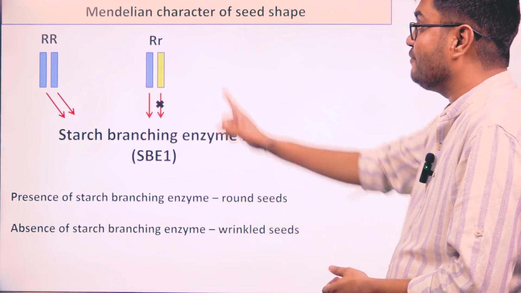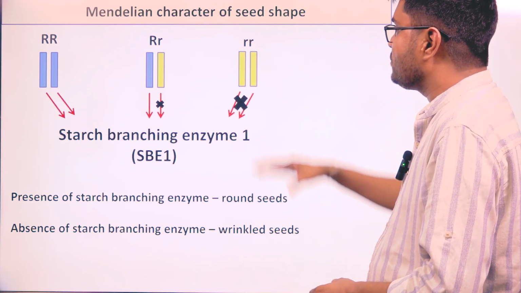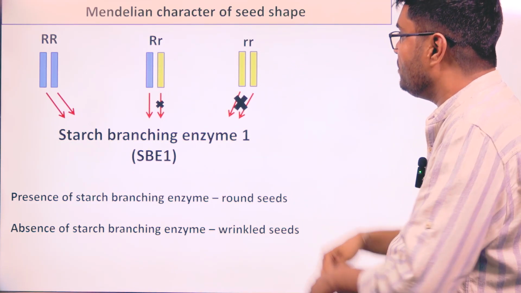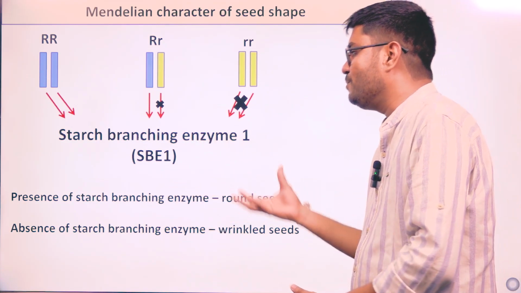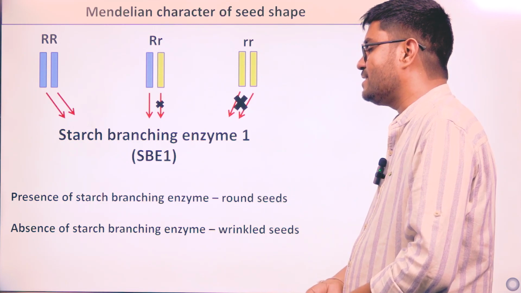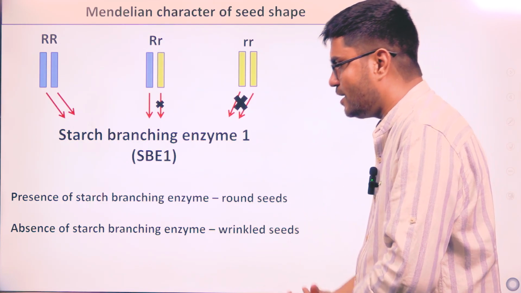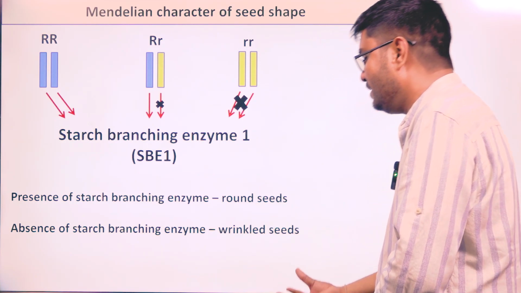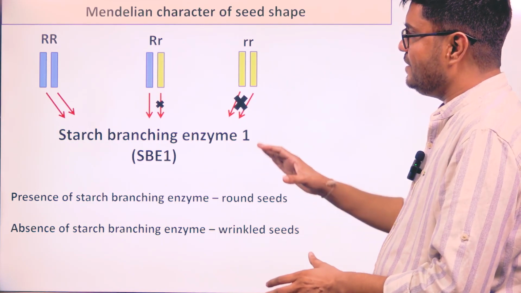Round seeds, even if only one copy is working. Now, small r, both the copies are identical, but none of them is able to make starch branching enzyme SBE1. No enzyme, no branched starch formation, no filling of the seed, and the seeds will be what? Wrinkled seeds. Right? Very easy to explain.